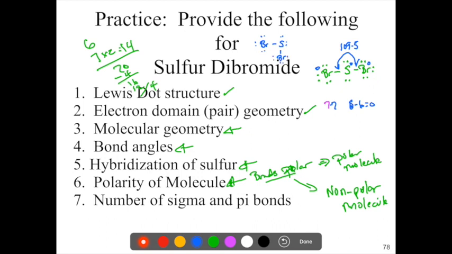The Lewis structure is no different, but that angle here looks like 90. It is neither 90 nor is it 180. It is 109.5 because, again, even in this structure, 1, 2, 3, 4 domains create a tetrahedral, and in a tetrahedral, your angle is 109.5.